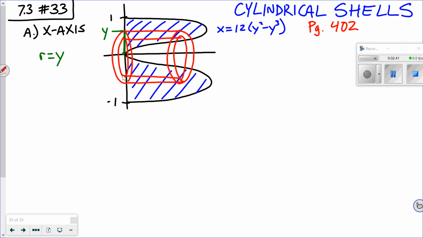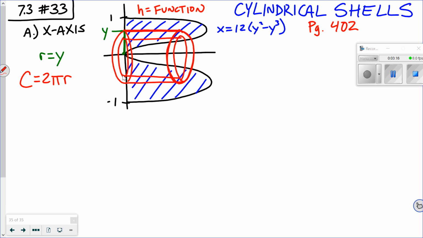To find the volume of that prism, we would find the outer circumference of our cylinder, and then multiply that by the height of our cylinder, which is going to be equal to whatever our function is. And then the width of these cylinders is going to be our dx or dy. In this case, it would be a dy.